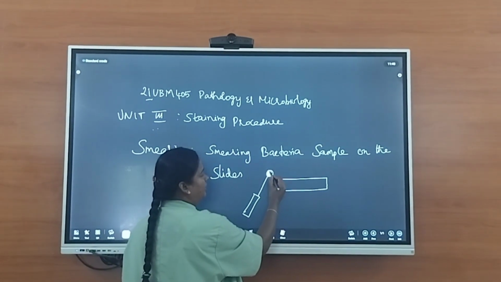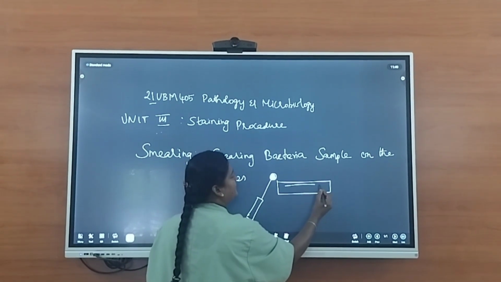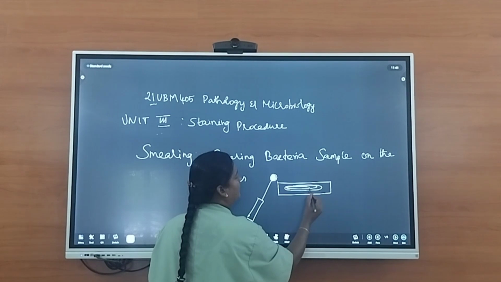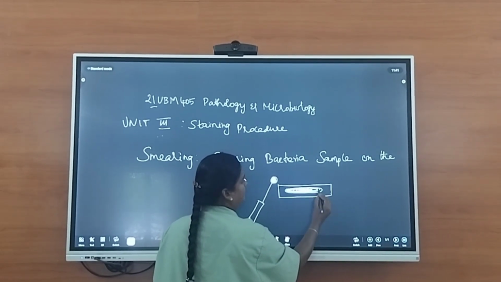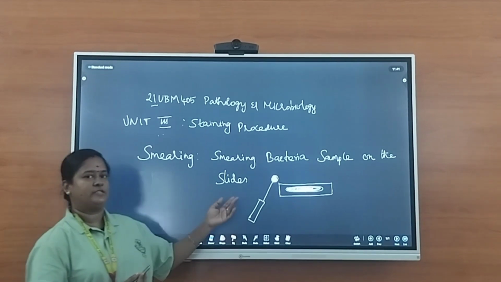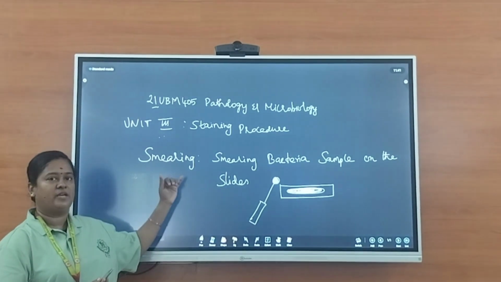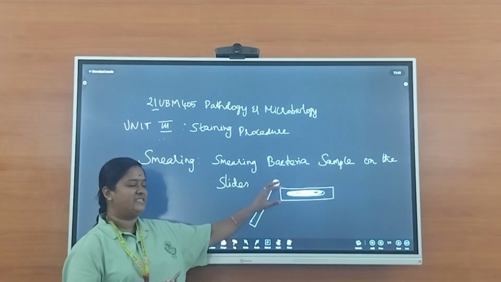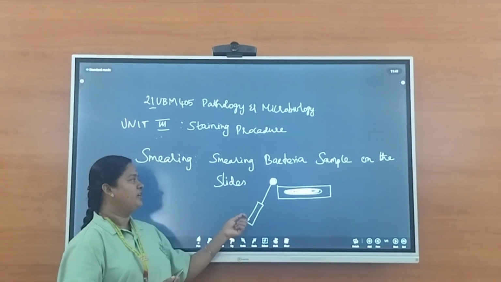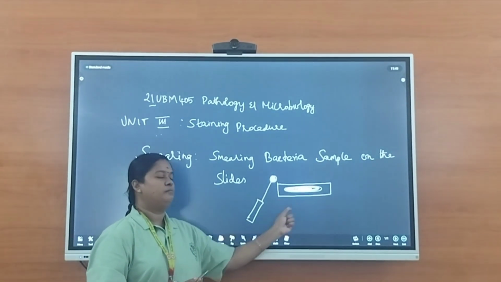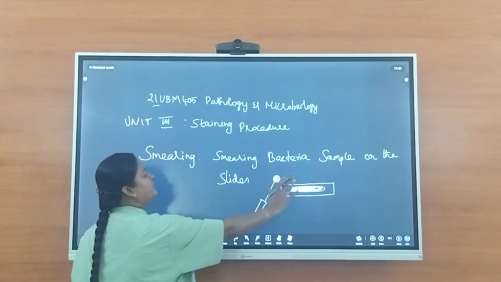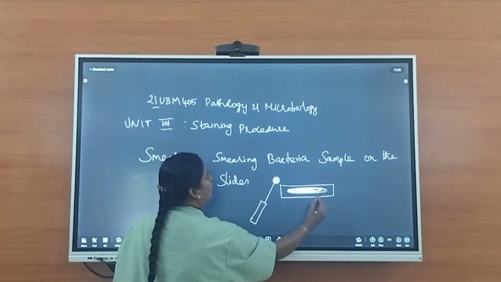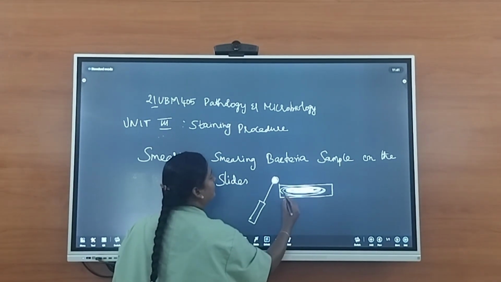One loopful of bacteria can be smeared on an area of the slide. So the first step is smearing: take a sterile slide, then smear the bacteria on the slide, spreading it out over the microslide like this.